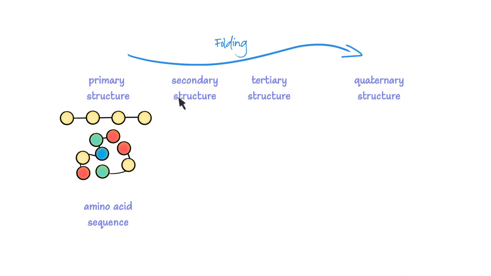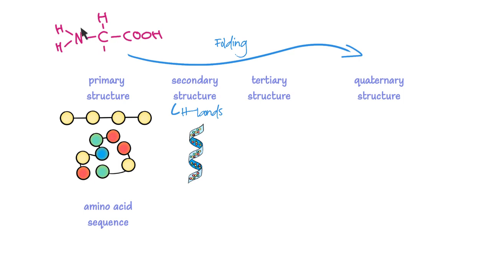The secondary structure is going to be the initial folding that takes place because of hydrogen bonding, for the most part, between the amino group and the carboxyl groups of the amino acids. So, if you remember, amino acids have an amino group and they have a carboxylic acid group.